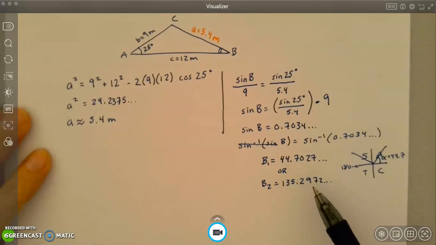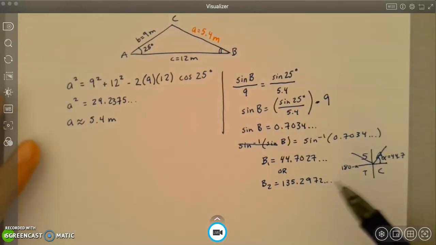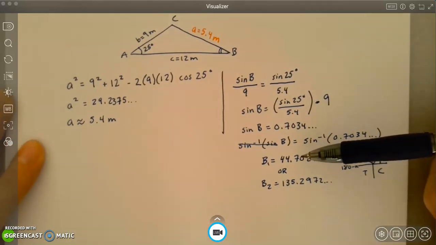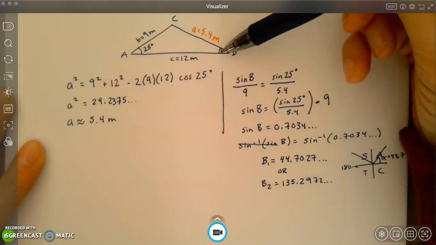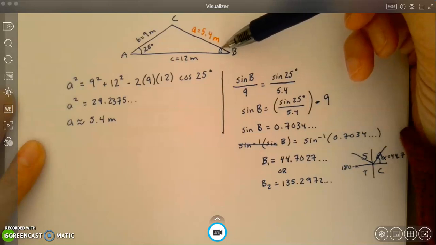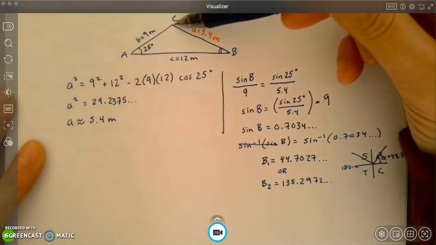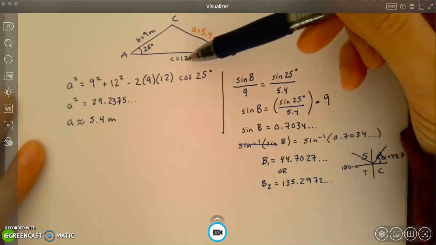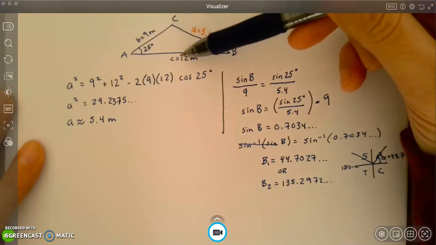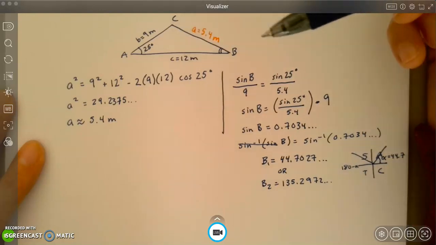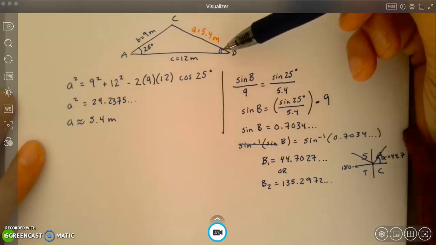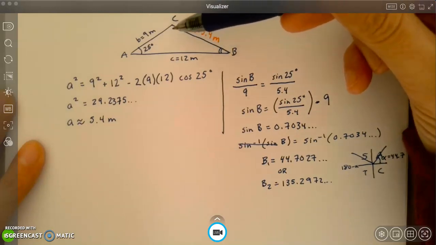Now let's take a look. If we had 135 degrees as my angle B, that means that angle C would have to be larger than 135 degrees. Why? Well, because angle C is opposite the longest side of the triangle, right? So would it make sense for angle B to have an angle larger than angle C?